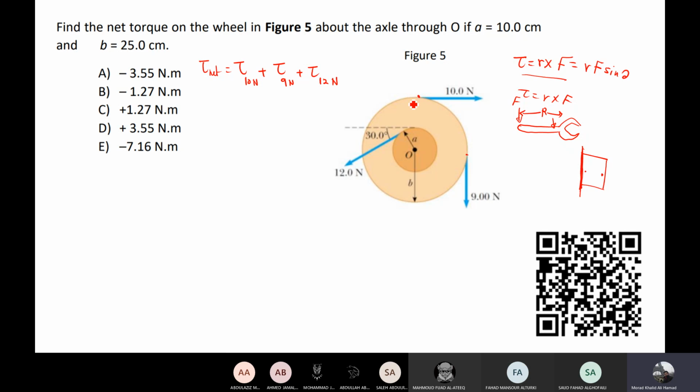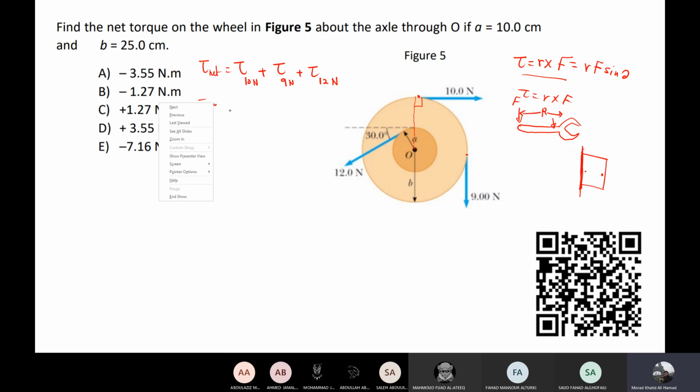For the first one, 10 Newton, this is the center. How much is theta here? 90. How much is R? 25. It's B. So instead of torque 10, I will say it is B, which is 25.